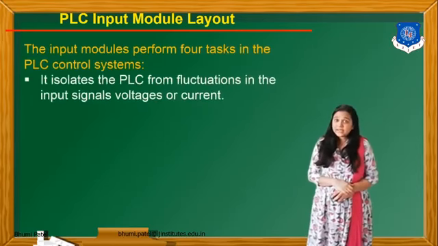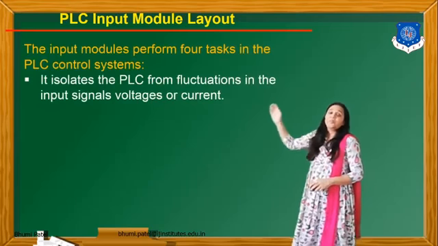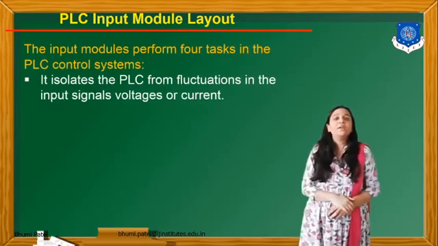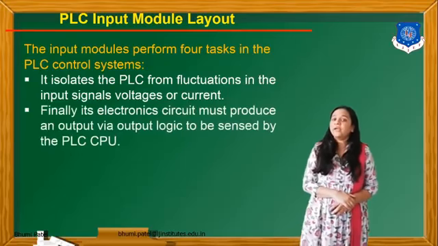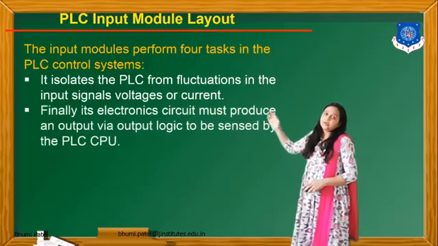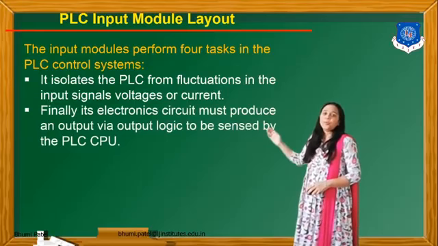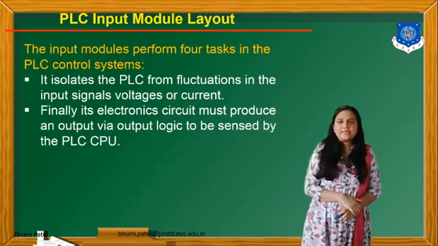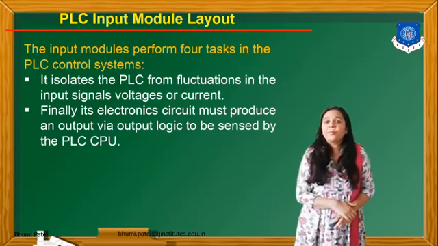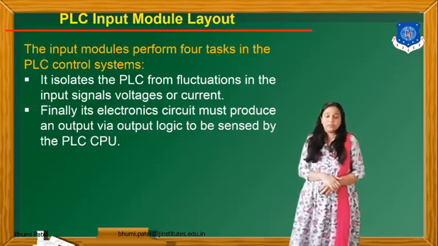The third task is that it isolates the PLC from fluctuations in the input signal, voltage or current. Finally, its electronic circuit must produce the output via the output logic to be sent to the PLC CPU. So these are the four main tasks of the PLC input module.